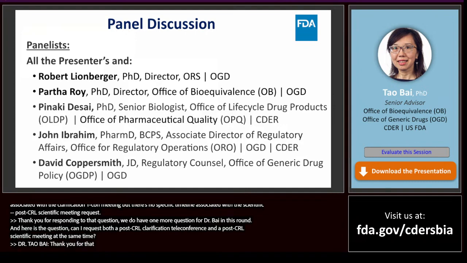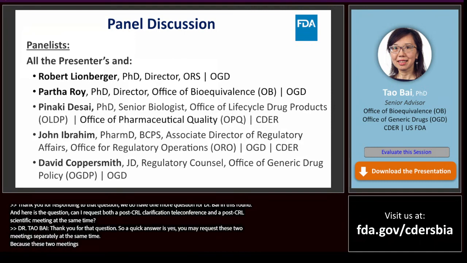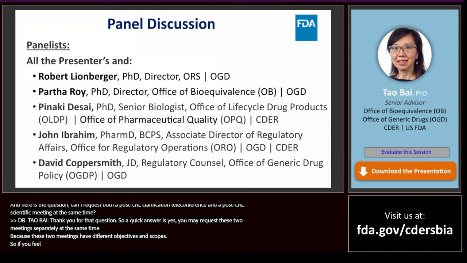So a quick answer is yes, you may request these two meetings separately at the same time because these two meetings have different objectives and scopes. So if you feel you have questions falling into the scope of each meeting request, you may submit these two separate meeting requests to the agency.